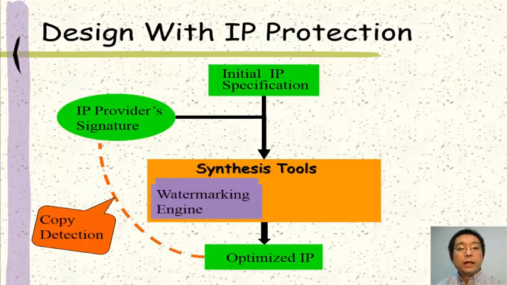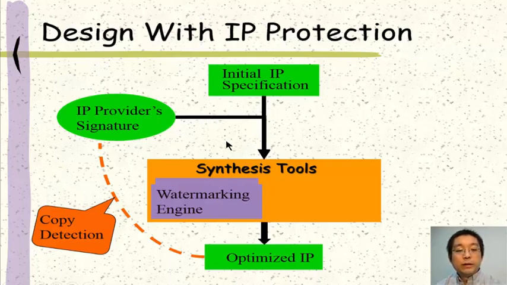The idea behind digital watermarking is to convert the IP author's signature into additional design constraints and then add it into the original design spec and use the synthesis tools to solve for an IP that satisfies both sets of constraints.